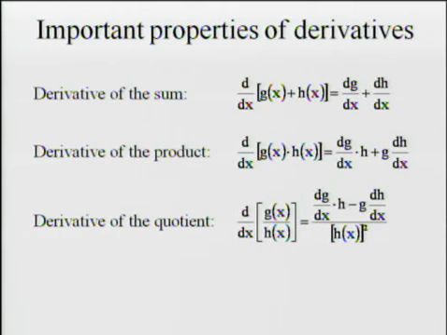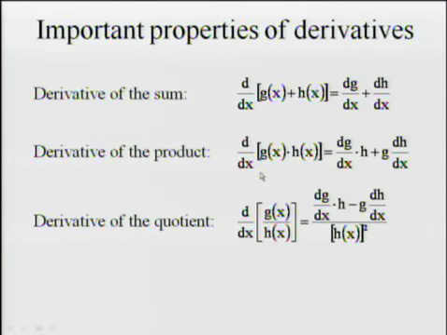Now that one is referred to as the quotient rule. You don't have it in the book. It's not listed in the book. You would have to assume that you have a product, because a quotient is really a product. You multiply function g by function 1 over h, and then you can use the product rule.